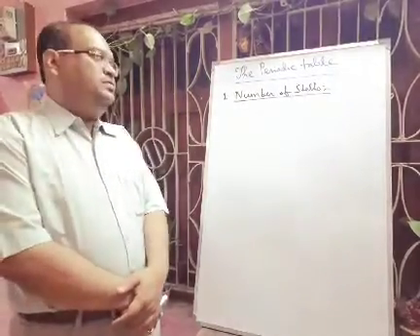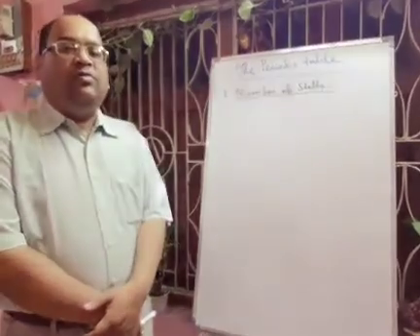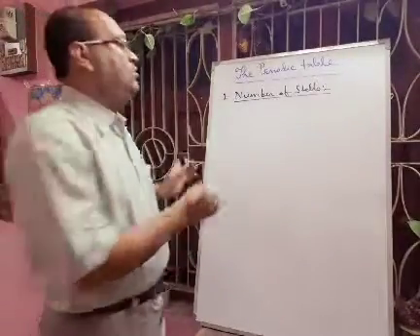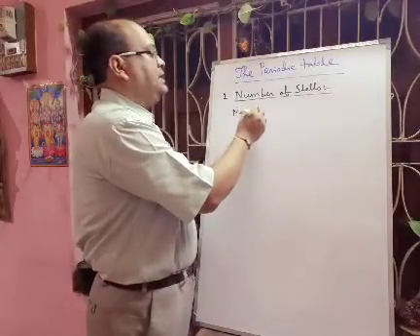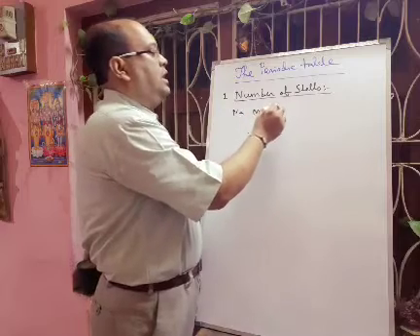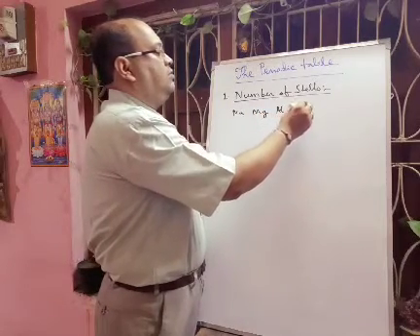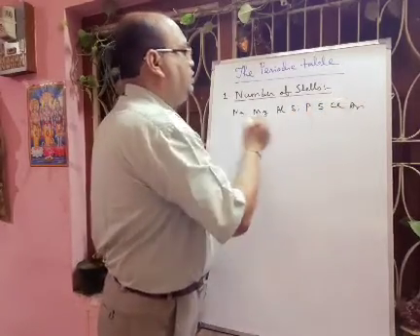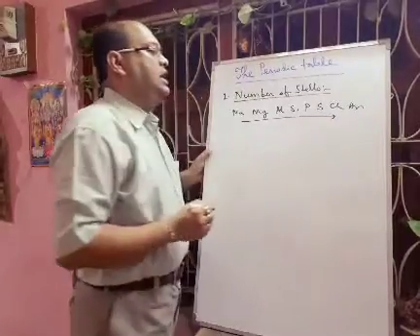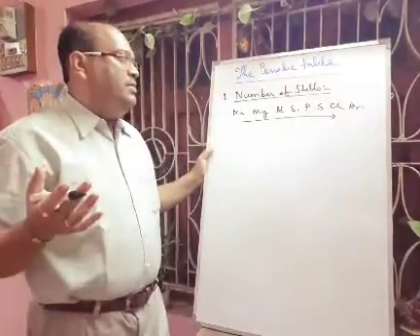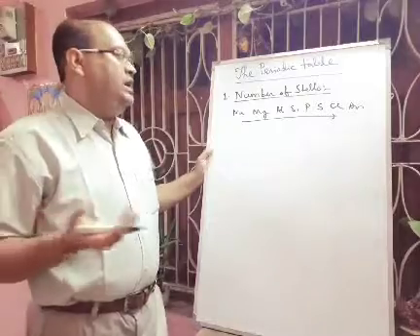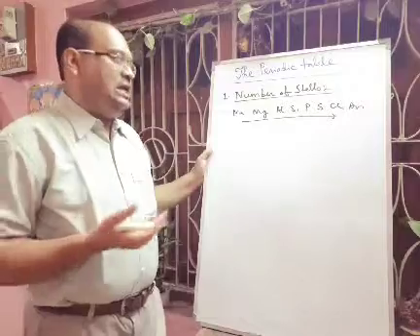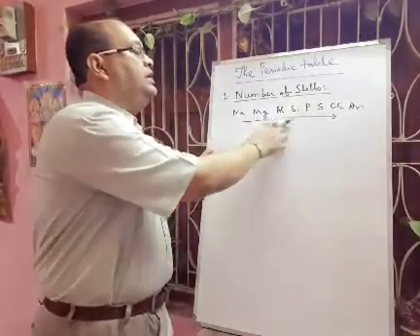And in a period, when we are moving from left to right, suppose we take the example of sodium, magnesium, aluminium, silicon, phosphorus, sulfur, chlorine, argon, the number of shells is the same. These are the third period elements, so three shells are there, and we are moving within the same shell.